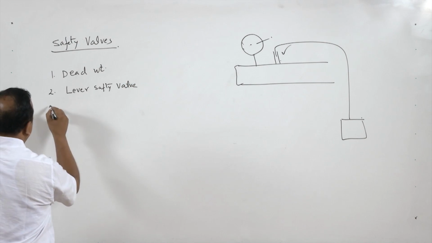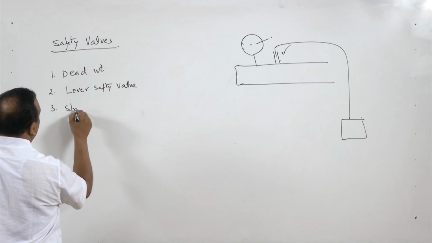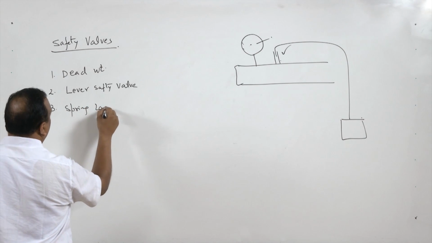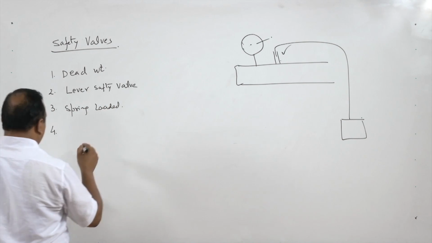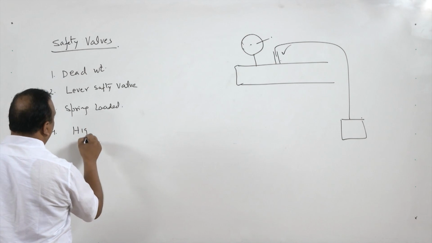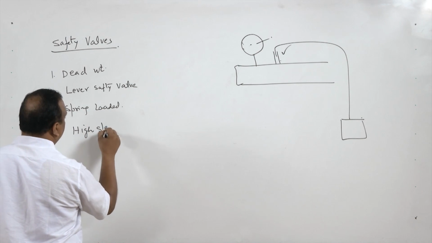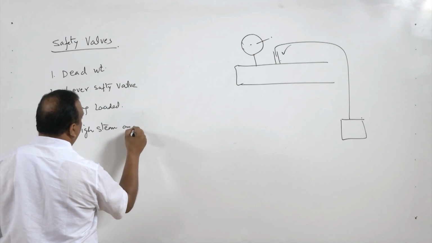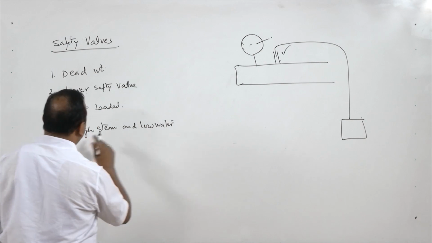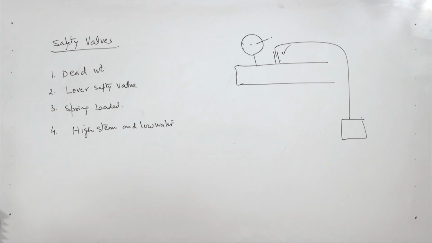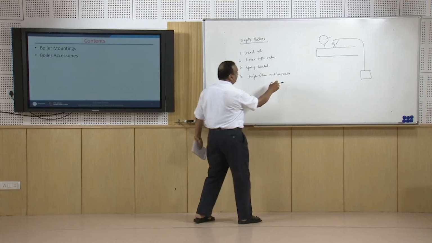Third is the spring loaded safety valve, and the fourth is the high steam low water safety valve. High steam means high pressure steam, or low level of water.